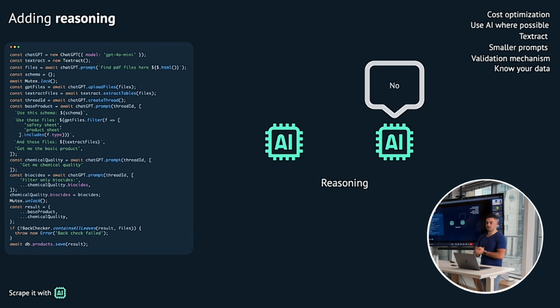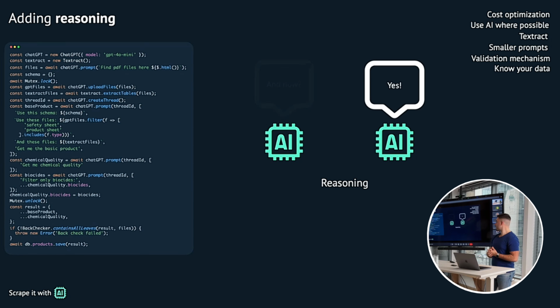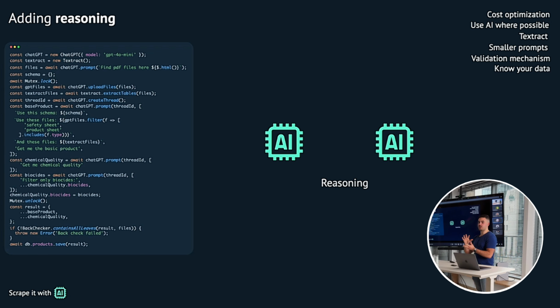One of the more advanced things that we needed to ensure when it comes to data quality was something called reasoning. There are more kinds of reasoning, but basically in our case it was asking itself if the result that was provided by ChatGPT is correct. And this improved just a little bit, but it improved the quality of data after all.